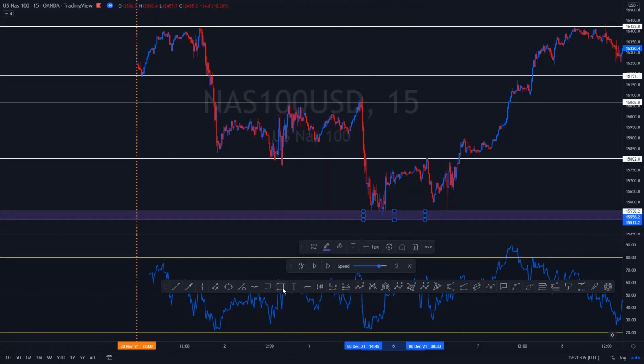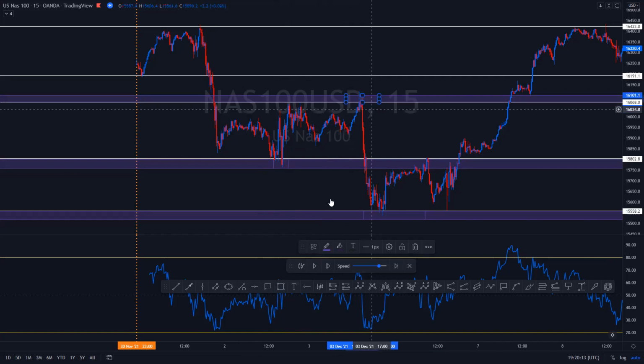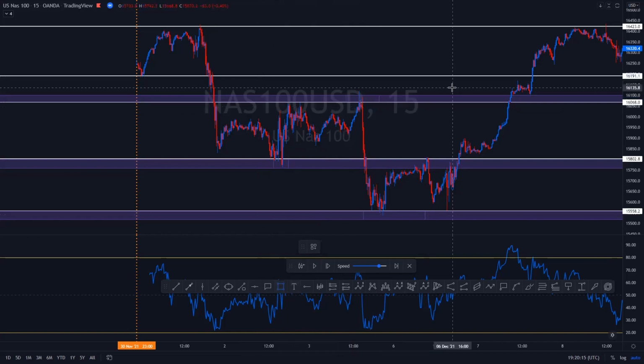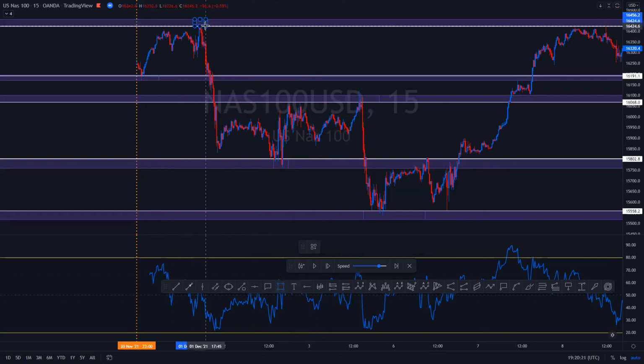Basically, I marked up my market structure and my zones, and I do this on the 15-minute time frame all the way to the 30-minute. Pretty much all I do.